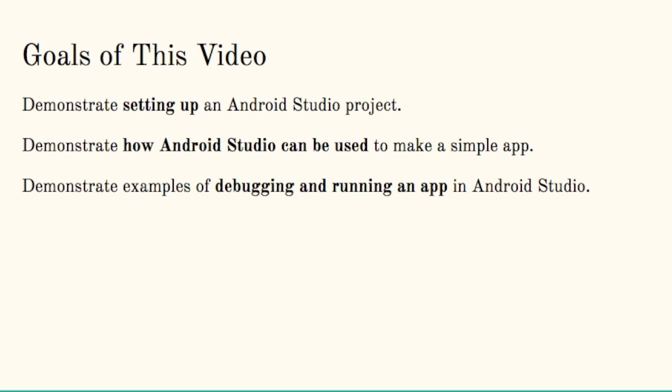For instance, where your main activity got saved and the layout file for that main activity. You're going to be going back and forth into those folders quite a bit. So navigating through Android Studio is something that you should be comfortable with, at least in those areas that we did in this video, for future videos.